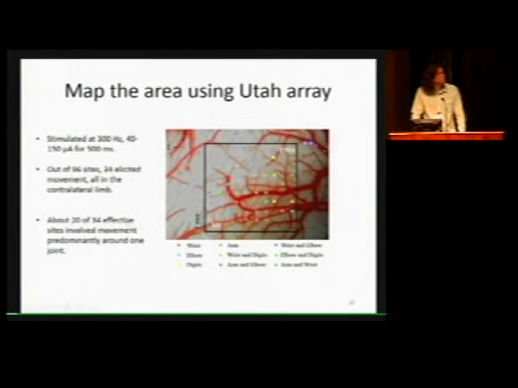On the right, you can see some somatotopic organization, with the wrist clustered in one area and the digits clustered in a different area, which is what you would expect from our earlier studies.